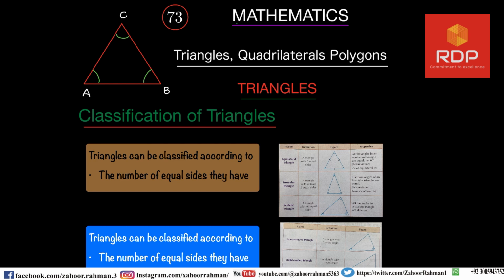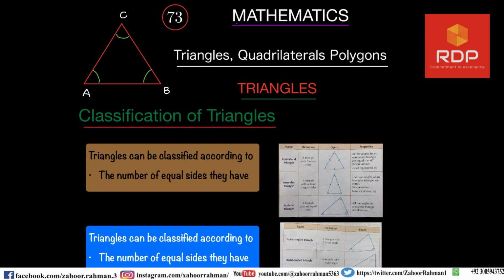Today we are going to start a new chapter that is totally dedicated to triangles, quadrilaterals and polygons. At the end of this chapter, you should be able to, number one, identify different types of triangles, special quadrilaterals, and polygons, and state their properties.